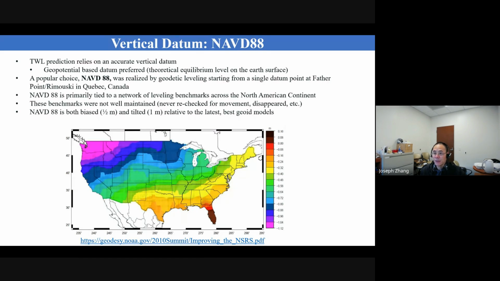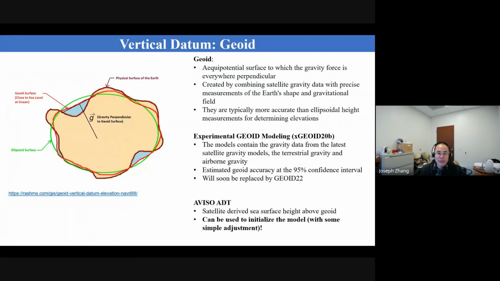Next. So for large scale modeling, continental scale modeling, ocean basin scale modeling, the geoid is generally preferred. The geoid is basically an equipotential surface. It's a hypothetical surface for the water level under equilibrium conditions, right?